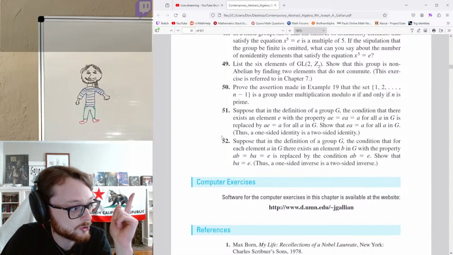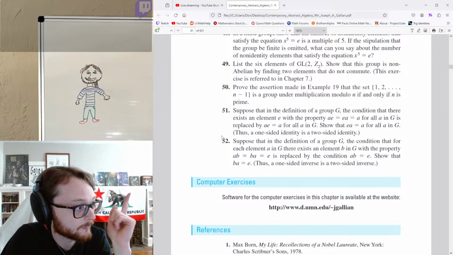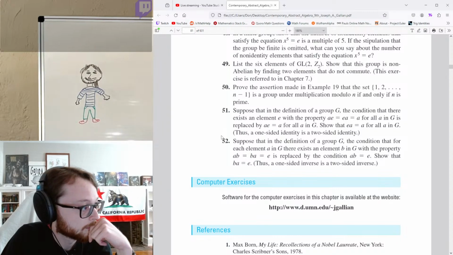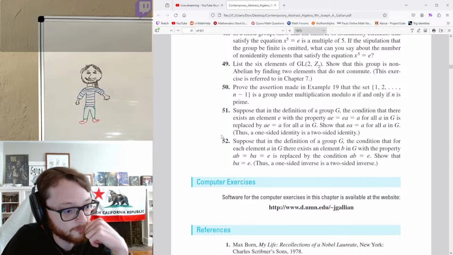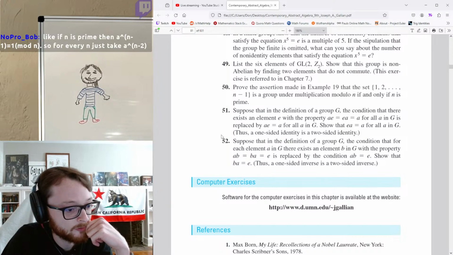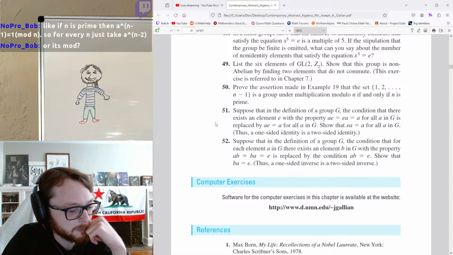So the GCD of n and any element of the set should be 1 because the elements of the set do not include n. Yeah, and I think Fermat's little theorem would be the shortcut. That hasn't been presented in the book, I don't think. But I think that would make it shorter, Bob?